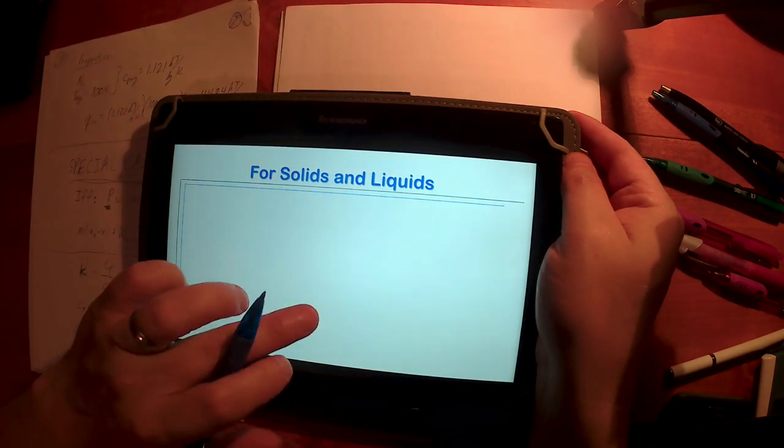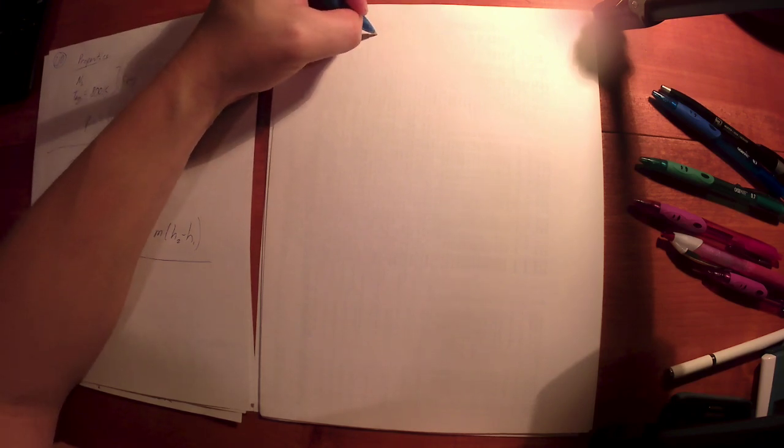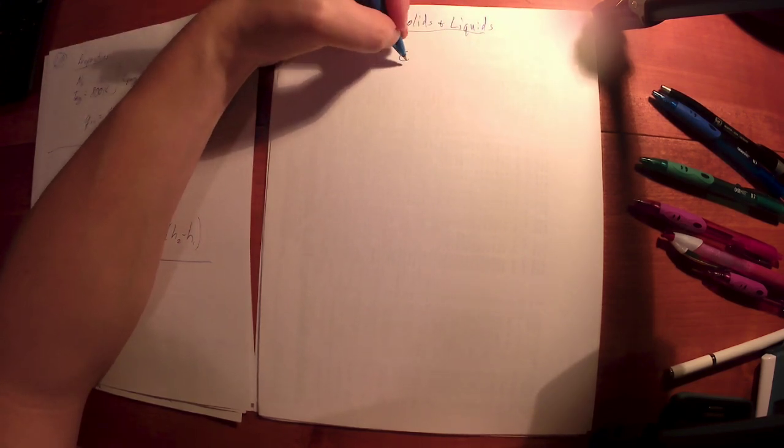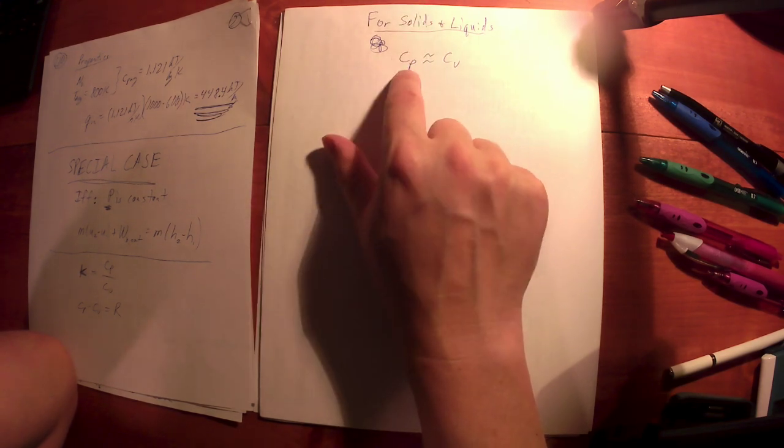So with that in mind, for solids and liquids, C sub P is approximately C sub V. Again, remember, C sub P is larger because it will account for the boundary work in an ideal gas.